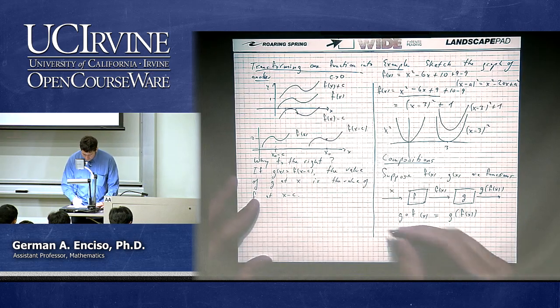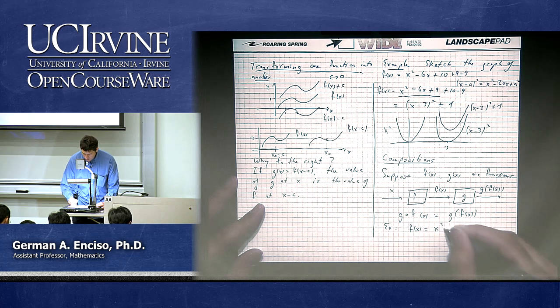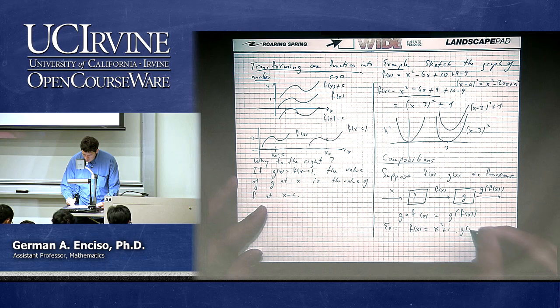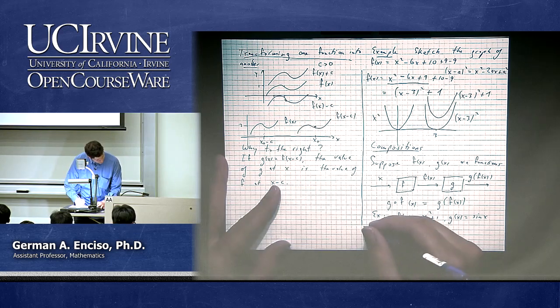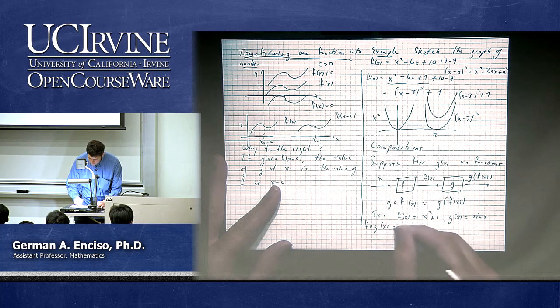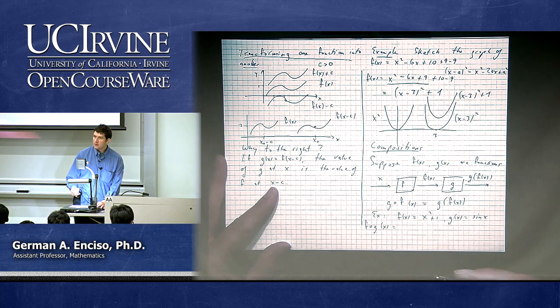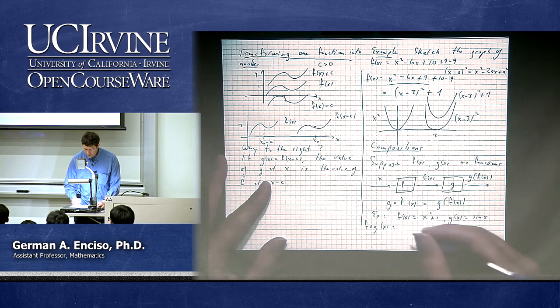So for example, if f of x is x squared plus 1 and g of x is equal to sine of x, then what is f composed with g of x? Okay. Well, let's do this carefully.